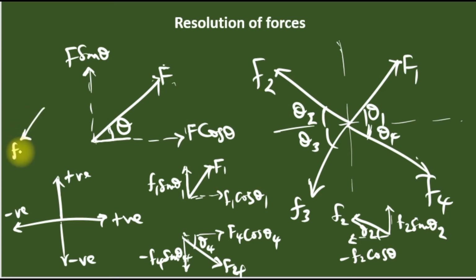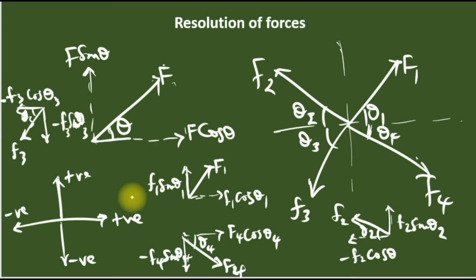Remember the angle is theta 3. So this is F3 cos theta 3, but remember it's negative. The vertical is also negative. So this is minus F3 sine theta 3.